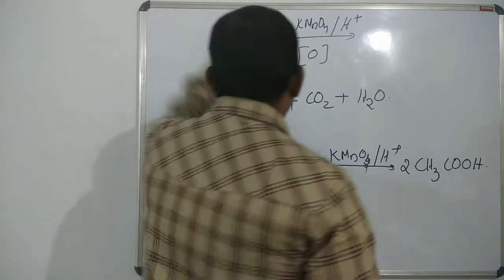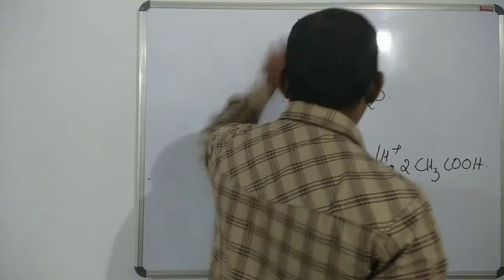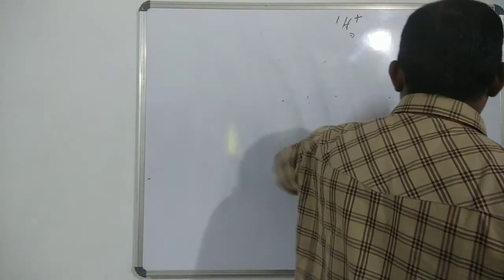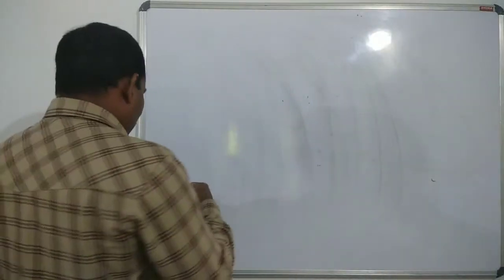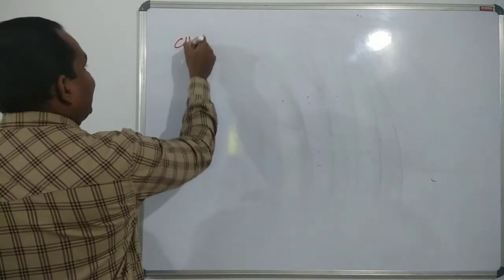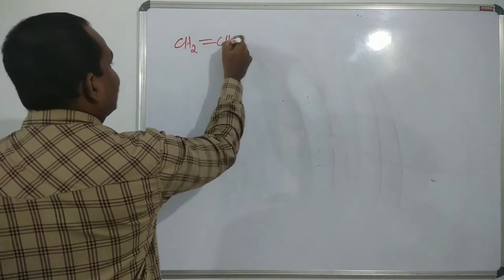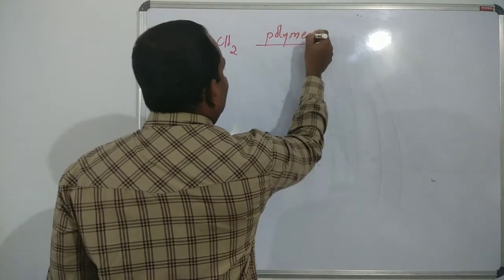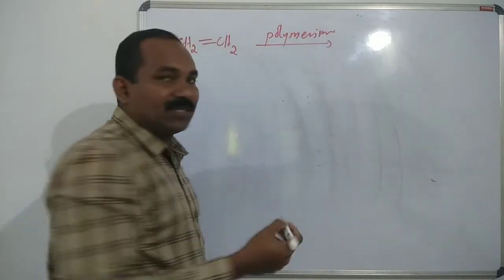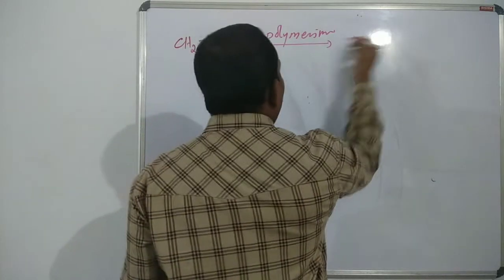Let's take one or two examples. First of all, polymerization of ethene. CH2 double bond CH2 undergoes polymerization in the presence of a peroxide.